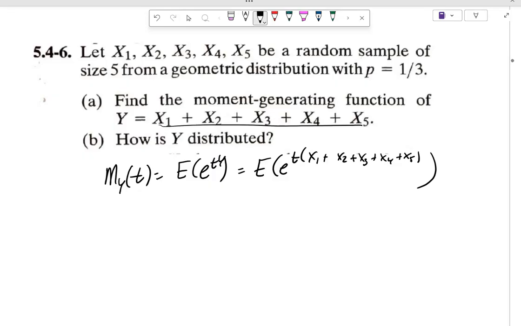Do the exact same thing we did in that first example problem dealing with moment generating functions. Distribute the t and break up the sum as a product, right? We would have expected value of e to the tX1 times e to the tX2 times same thing for X3 times same thing for X4 times same thing for X5, right?